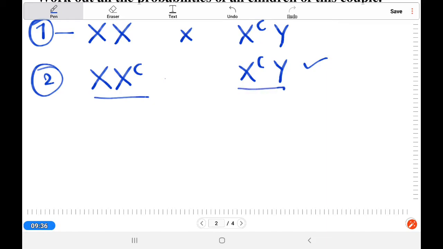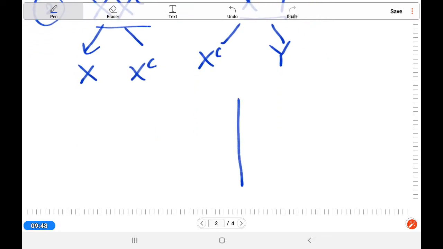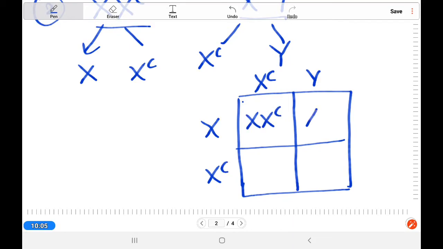Okay, so here the gamete is this, and here the gamete is this. If we place them in the Punnett square, XC, this is the male and this is the female. So what result have we got? Let's see.